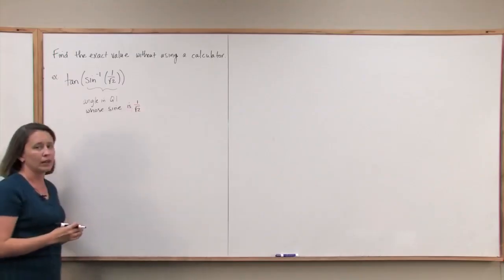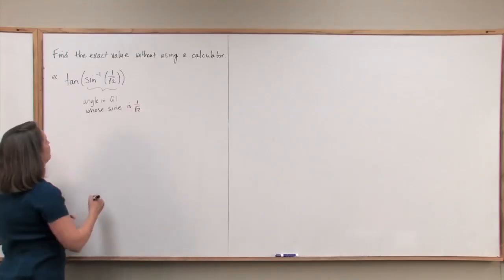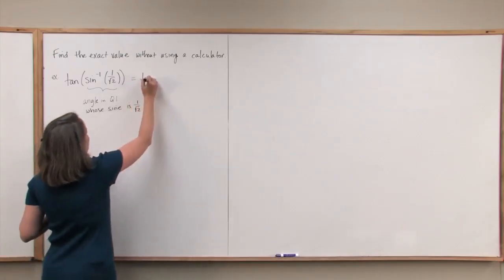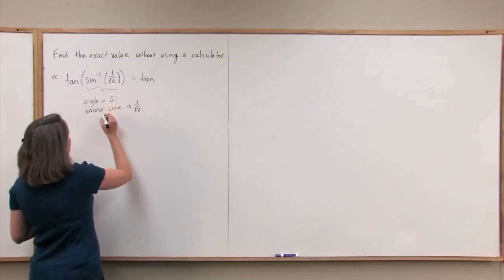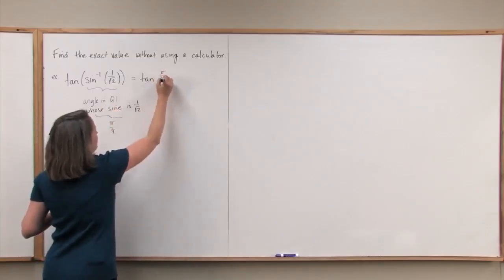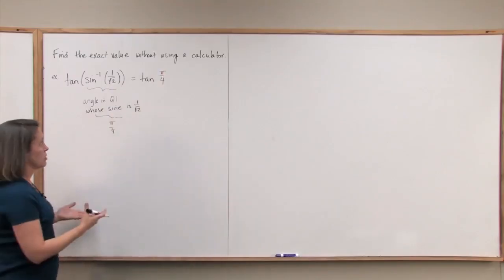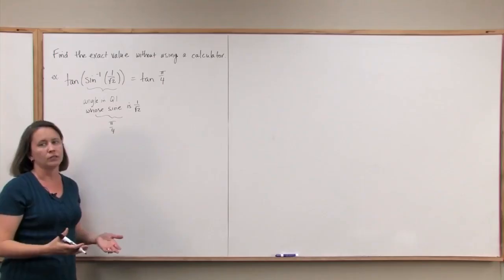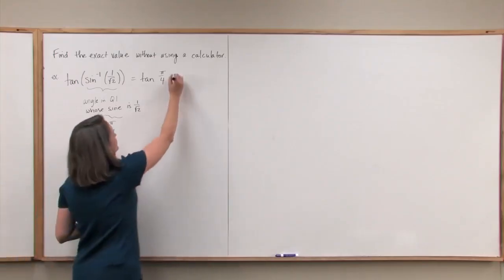So you already know what that angle is, don't you? It's pi over 4. Okay. So if we make this substitution, we've simplified this to just asking what's the tangent of pi over 4, and that's 1.